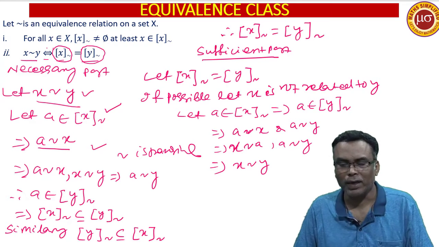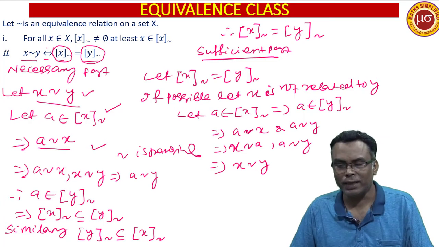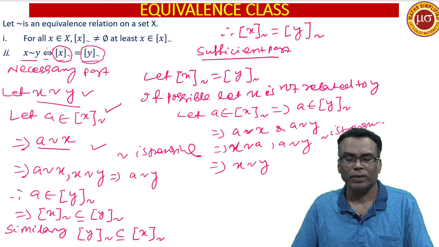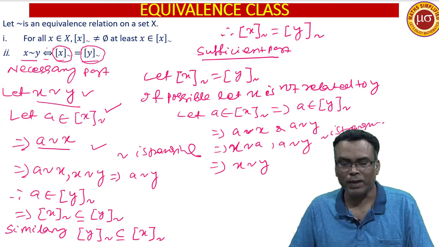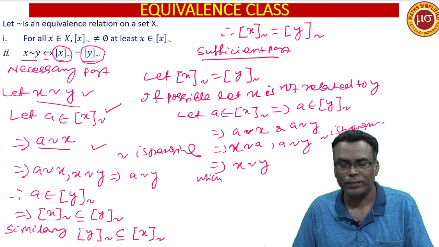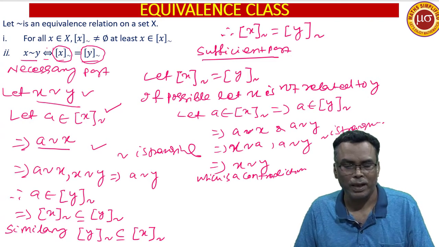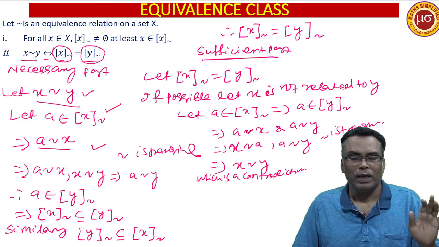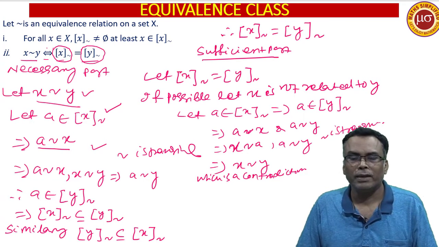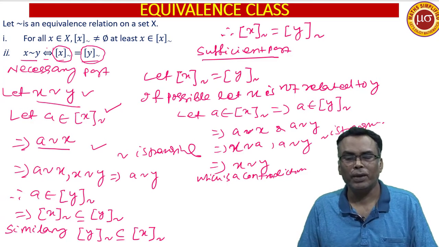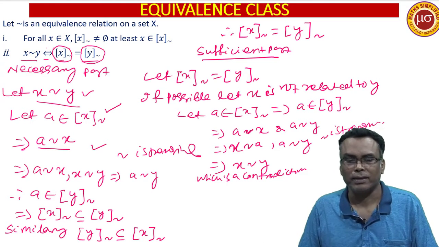Because the relation is transitive. So this is a contradiction. Therefore, if any two elements x and y are related to each other, they must have equal equivalence classes.